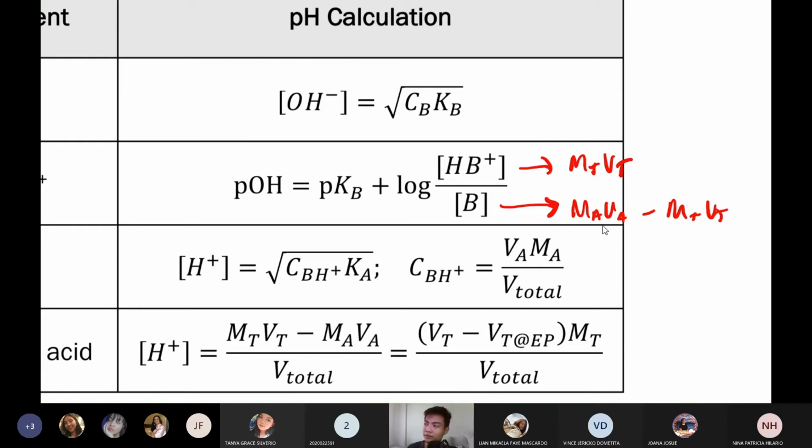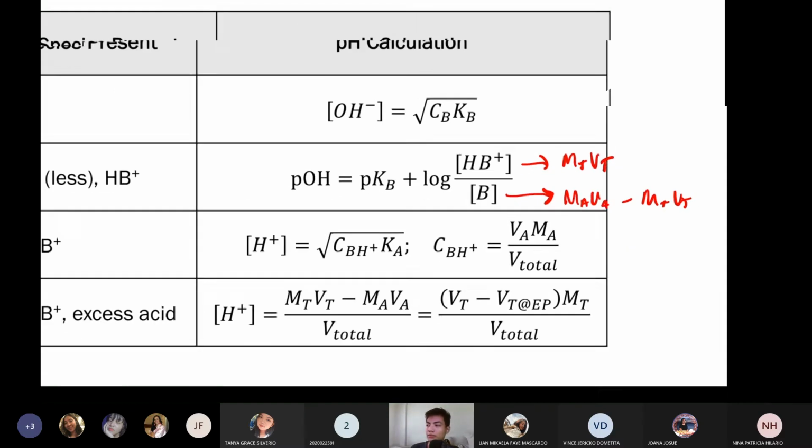How much is left? The moles of base minus the moles of acid added. We are reversed, by the way. So that is the equation. Just plug in. You will get the pOH. Since we want pH, it is 14 minus this.